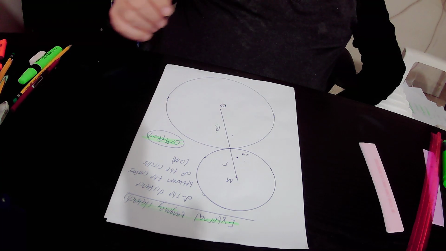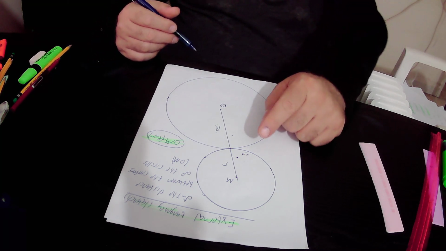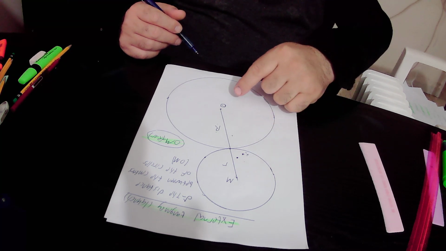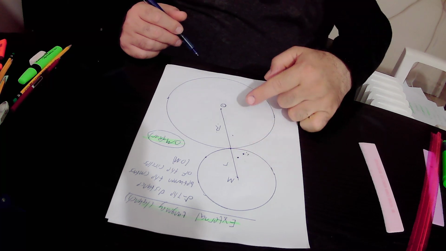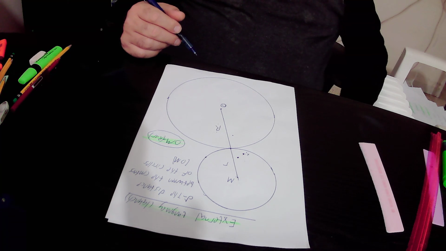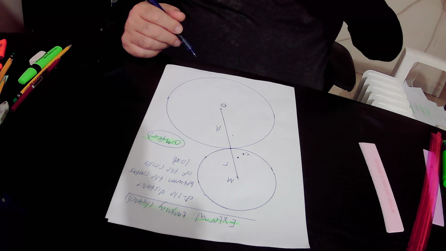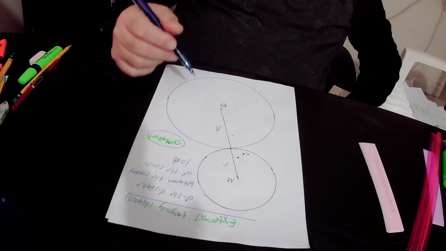And the distance between the center of the small circle and the big circle, that is to say the length of line segment MO, will be equal to the sum of the lengths of the radii of the circles.